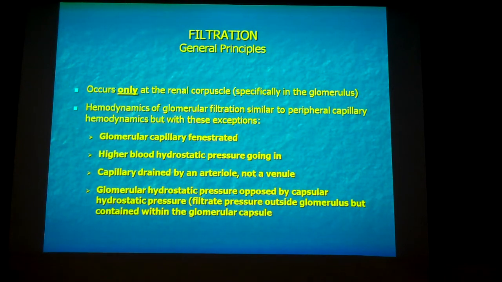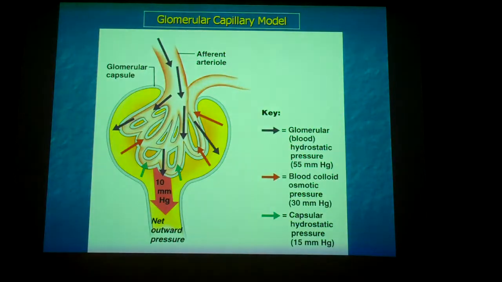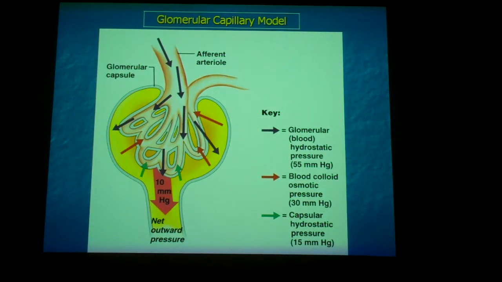And so there's some back pressure created as that filtrate accumulates within that glomerular capsule, like this. So here's our afferent arteriole going in. Here's our glomerulus. This here would be the subcapsular space, and this is where the filtrate is going to appear, and then it's going to head down the proximal convoluted tubule.